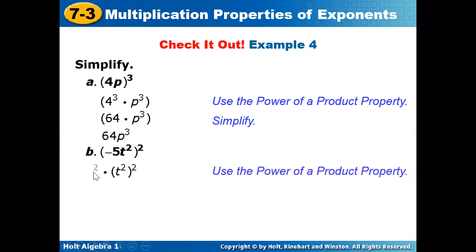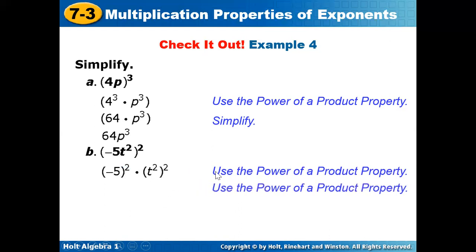So this is going to be -5 squared times t squared squared, right? Make sure you write everything out so you realize what you're doing. -5 squared is 25. And here, you have to use power of product property. T squared, that whole term squared, means you multiply those terms. 25t to the 4th.